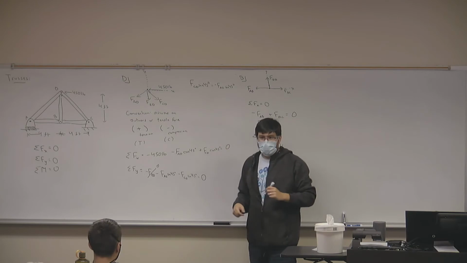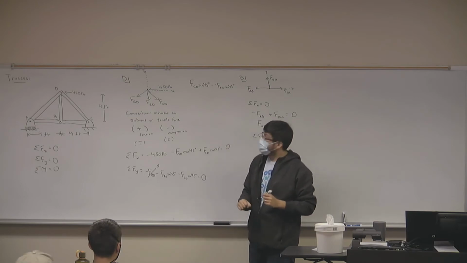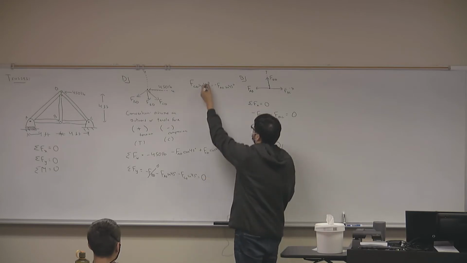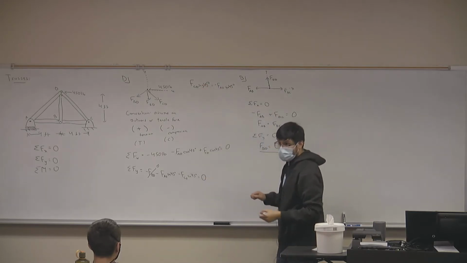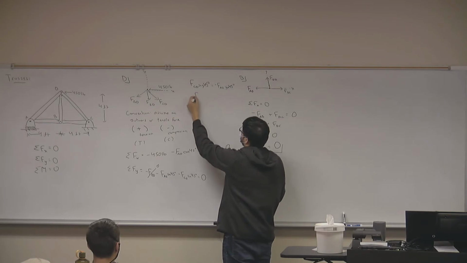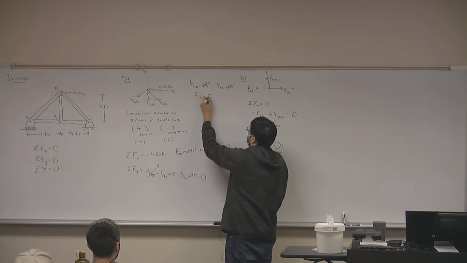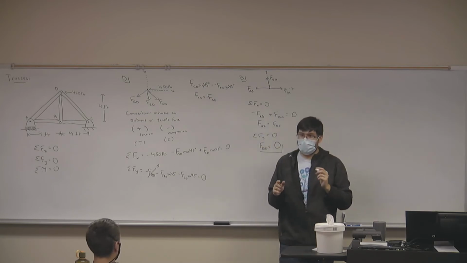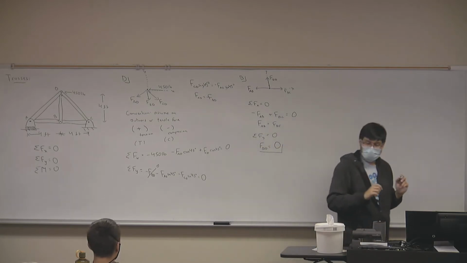And now what do I get from here? I can cancel my sine of 45. What else? FCD equals negative FAD. So FCD and FAD are actually going to have the same magnitude, but they'll be in different directions. And that's good.